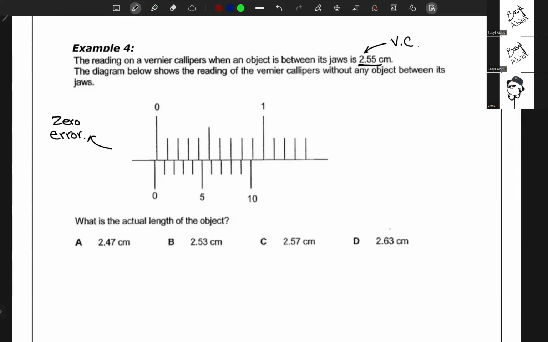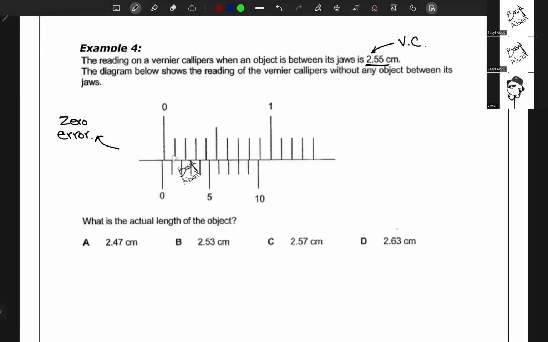Now, if you look at this diagram, you see that there is a zero error of about, so if that's 5, that's 1. So it would be around about 0.02 centimeters.